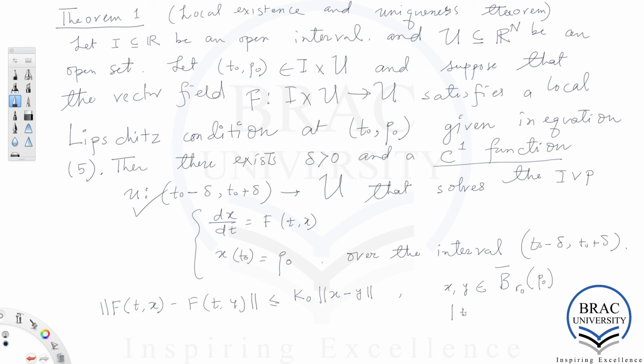Okay, and these times satisfy this condition, right? So we must have these three positive numbers R0, delta 0 and K0, depending on P0 of course. They will satisfy this, and then we say that the underlying vector field is locally Lipschitz continuous about (T0, P0), right?